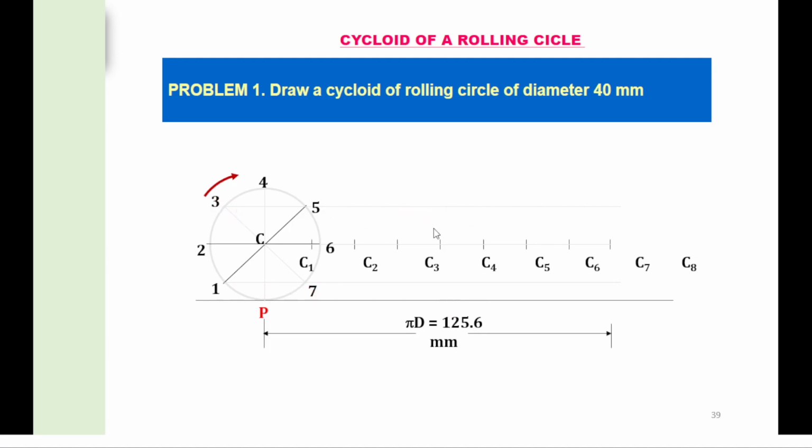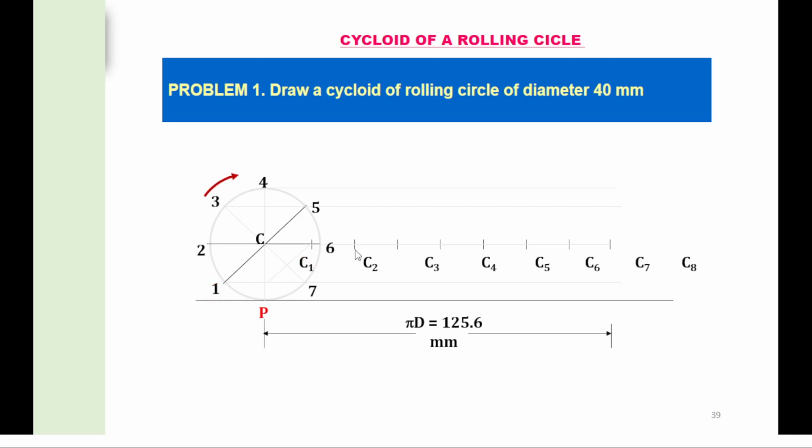Now we will take a distance equal to the radius in the compass. Then, taking these centers C1, C2, C3, C4, we will start to mark arcs on these different projectors. Taking C1 as a center, I will mark an arc on the projector passing through point number 1.